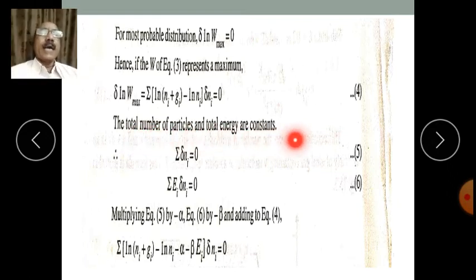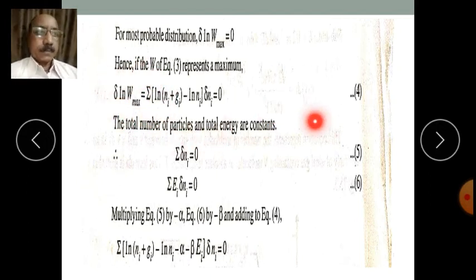So here, log of (ni plus gi) minus log of ni, into delta ni is equal to 0, isn't it? If you take the derivative and simplify, the total number of particles and total energy are constant. Here the total number of particles is constant. We have seen this in the Maxwell-Boltzmann statistics, and the total energy is also constant: summation of Ei into delta ni is equal to 0.